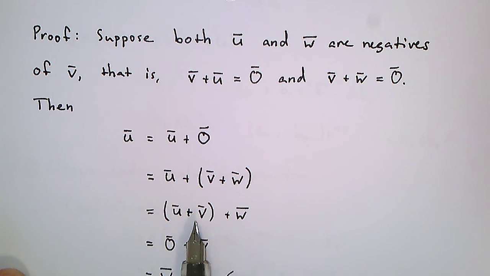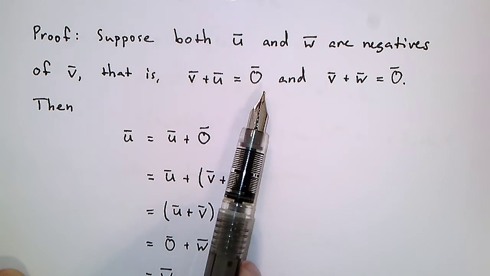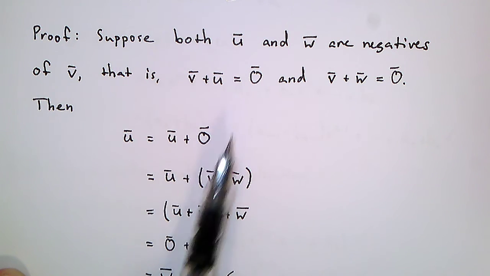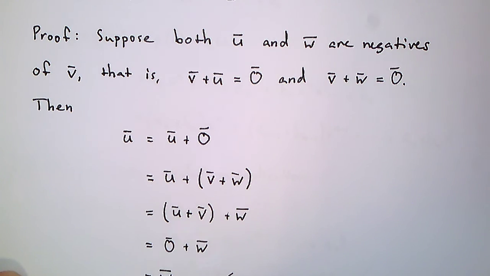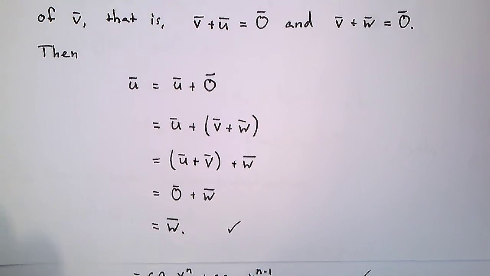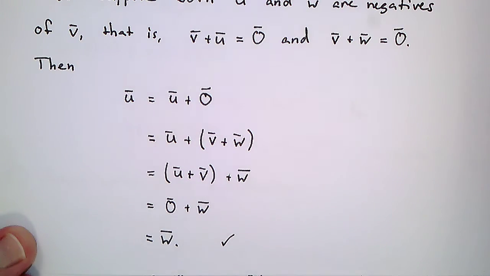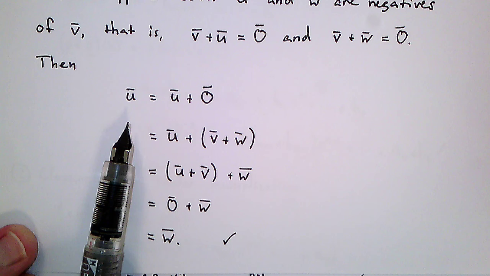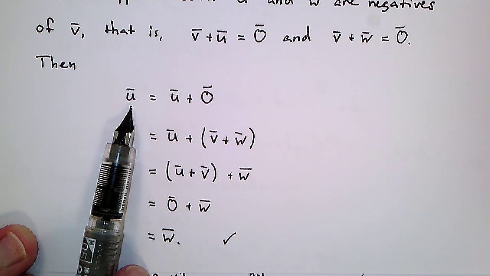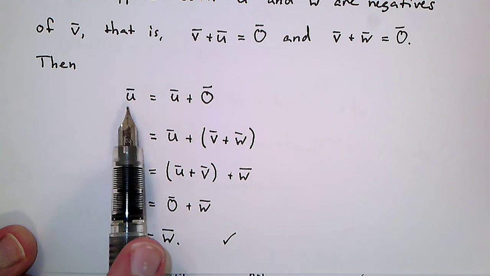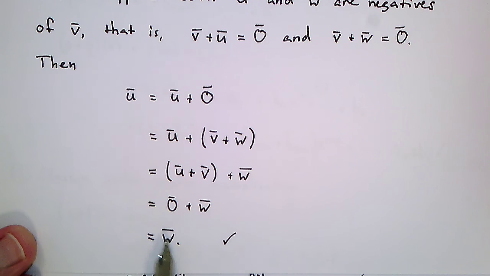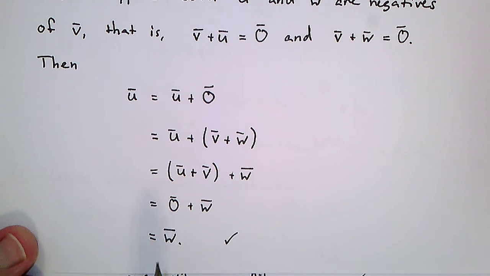But u plus v, we know, is 0. So instead of writing u plus v, let's just put down 0. And then 0 plus w, that's just w. So working through the equation, I see that u, the vector, is equal to the vector w. So my two negatives of the vector v were actually the same vectors all along.